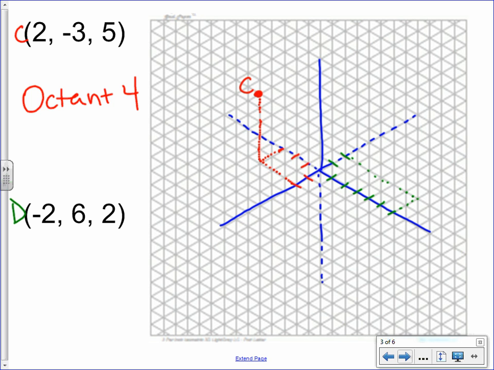Okay, there's our rectangle, and from that point we're going to move it up 2. What quadrant, excuse me, what octant is this line in? Octant 2. Awesome.